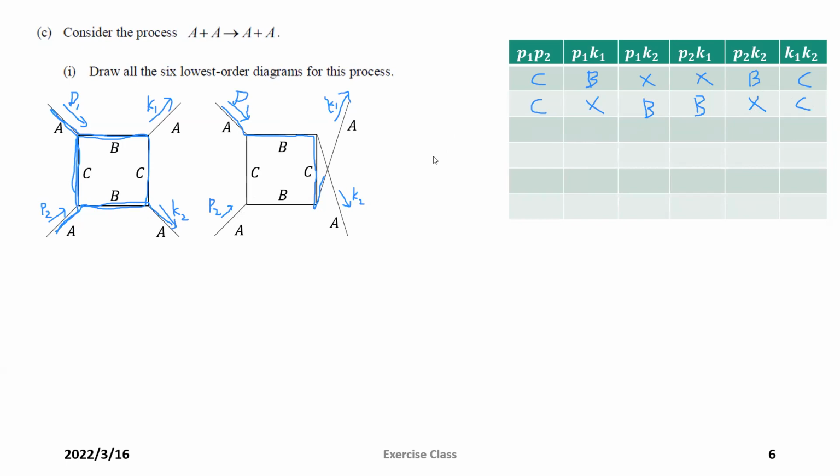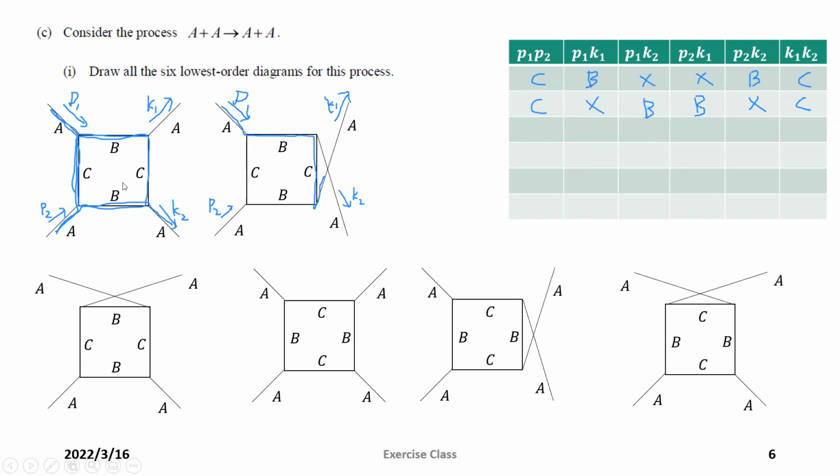And similarly, we can exchange these two legs. And you can do it yourself to prove that the connection is indeed different from the previous two diagrams. And for the remaining three diagrams, we can exchange the B and C to form the remaining three diagrams. So in total, we have 6 diagrams.